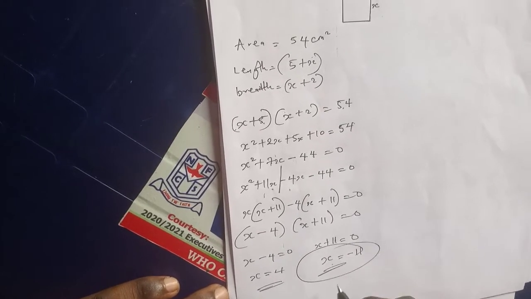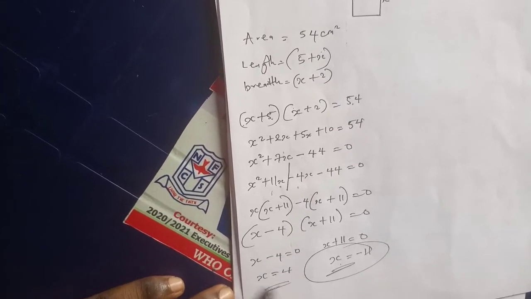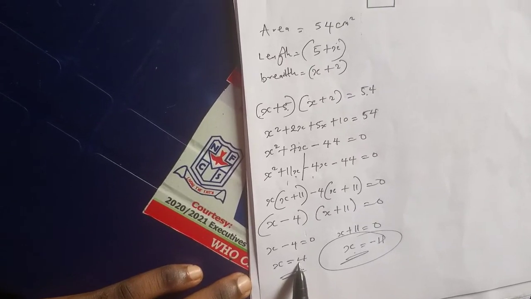So neglecting my negative root, my answer becomes 4 for x.